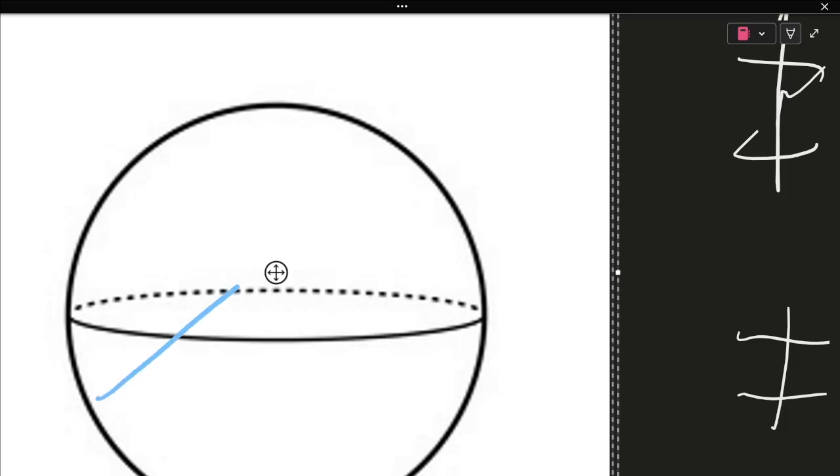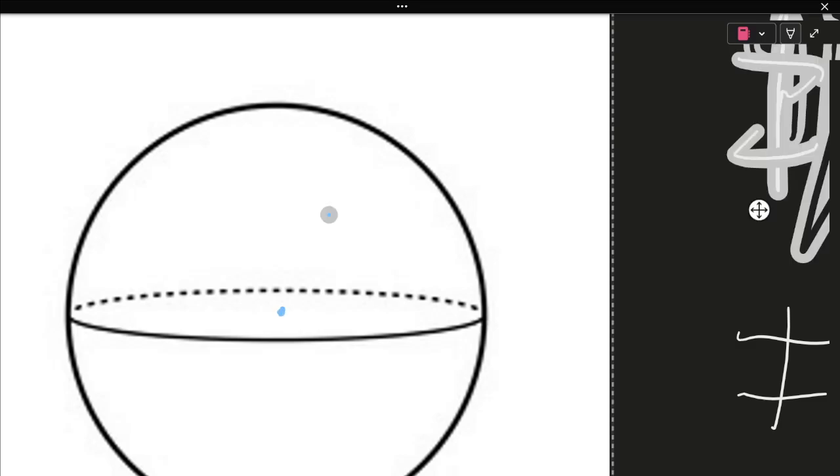Regardless of where you locate your axis of rotation, it's still going to look the exact same.